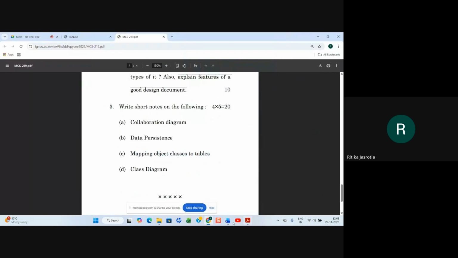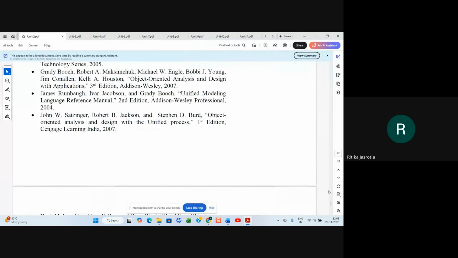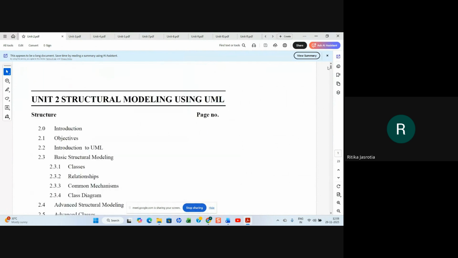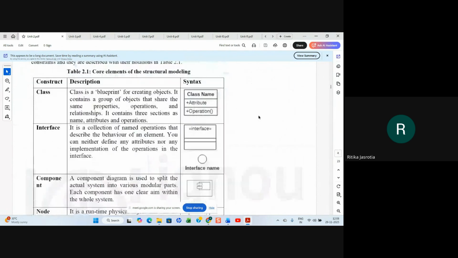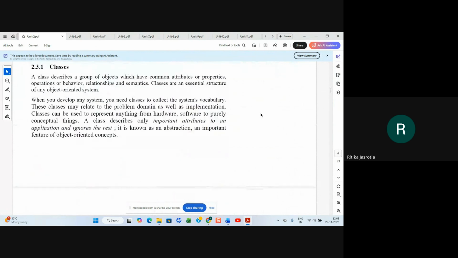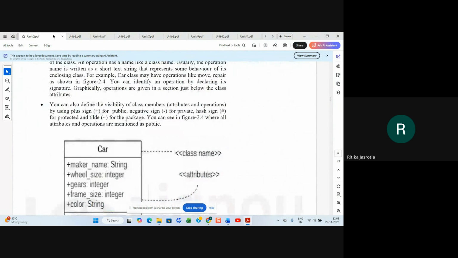And the class diagram they are asking. The class diagram is also there in your second unit or first unit, I don't remember, in block 1. This is explaining about class.